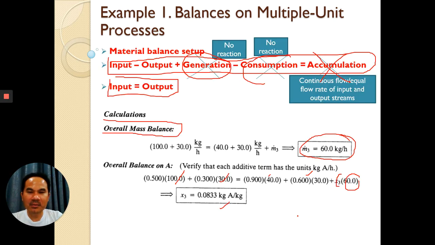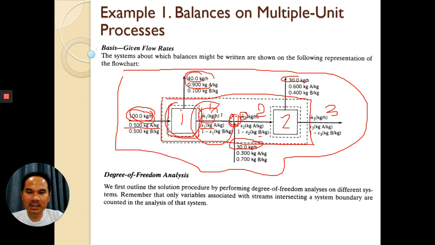For this example, the first step is the overall balance, then you make the balance on unit 1, and then unit 2. For the overall, you know M2, M3, X3. Then for unit 1, you know M1, X1. And then the mixing point, you know M2, X2 and you know M1, X1. Okay, this is the example.